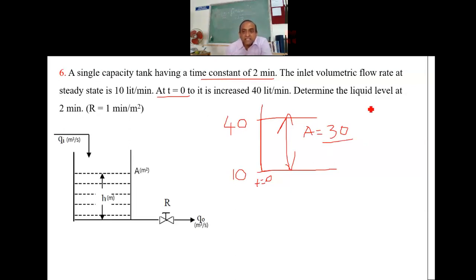He has given the time constant, tau, and A is 30, that is known.